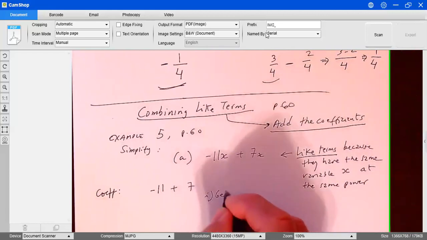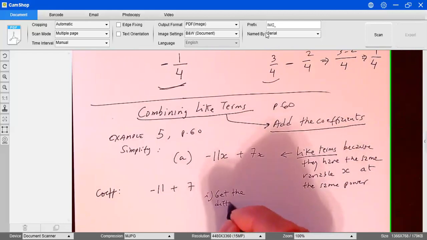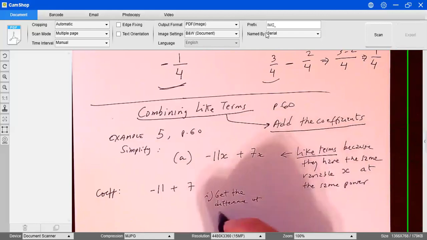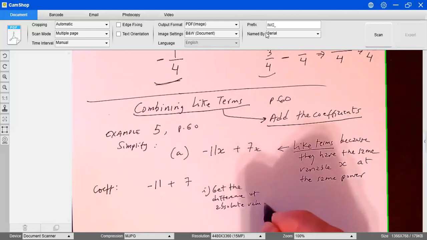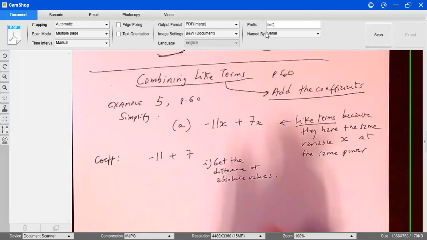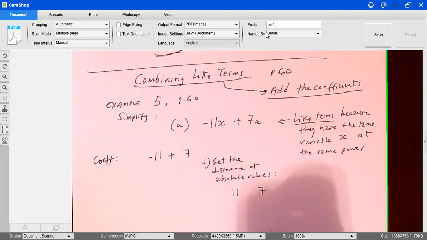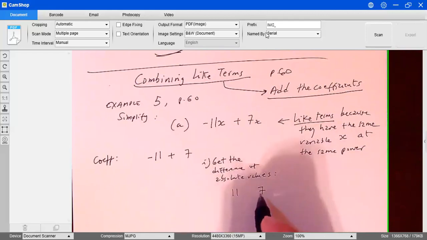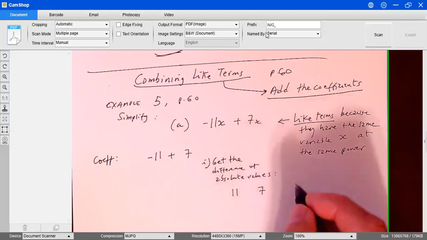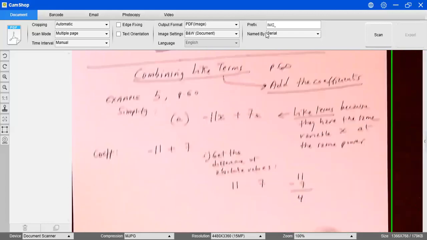You get the difference of absolute values. That's the first step that we learned just minutes ago. So this is just 11 and 7. So the greatest absolute value is 11, the smallest is 7. So we're going to do 11 minus 7, you're going to get 4.